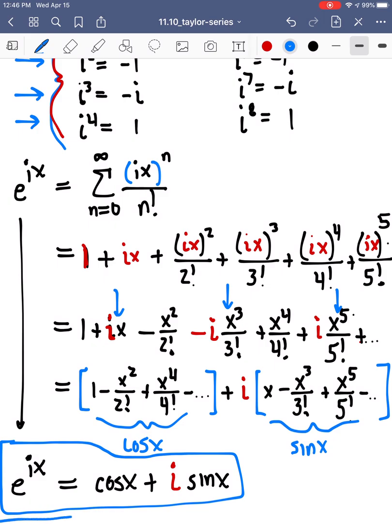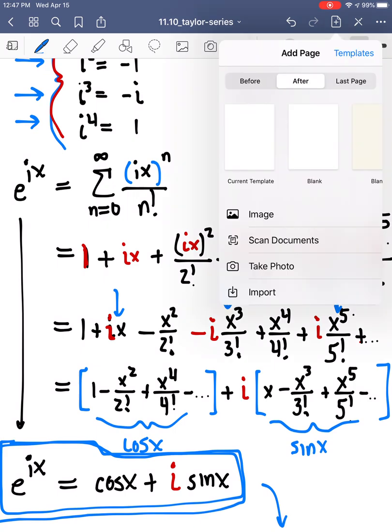So at this point, we have something pretty cool that we just showed is true, that e to the ix is equal to cosine of x plus i times sine of x. Now let's hit this with Euler's identity. So recall what we're trying to prove is that e to the i pi is equal to minus 1.